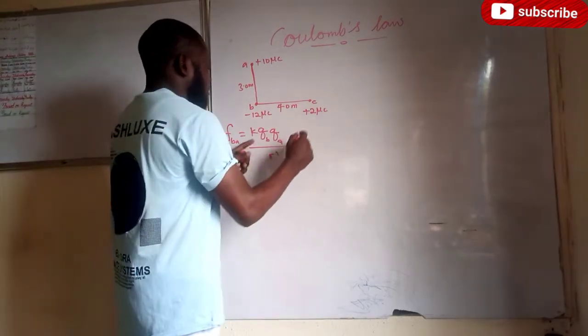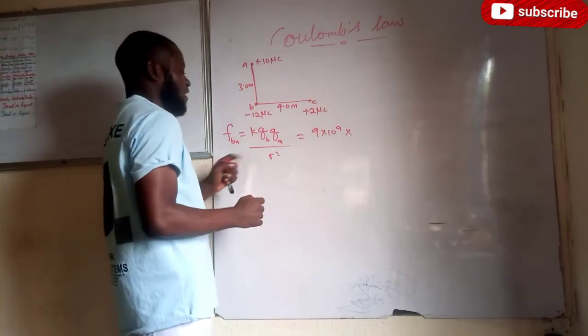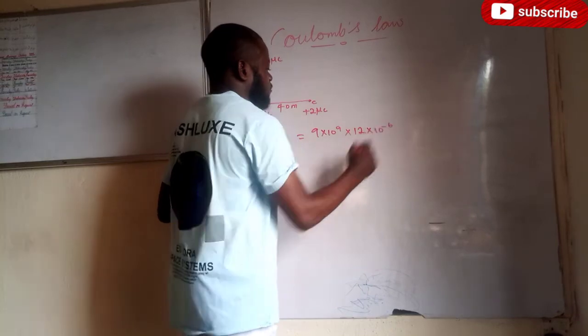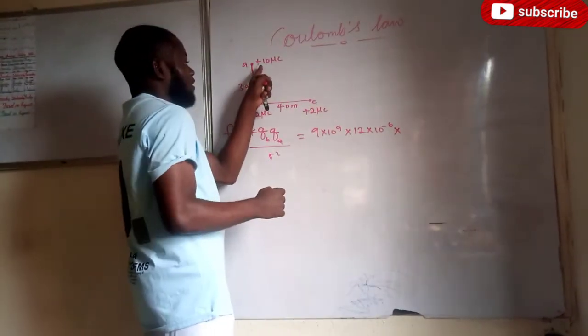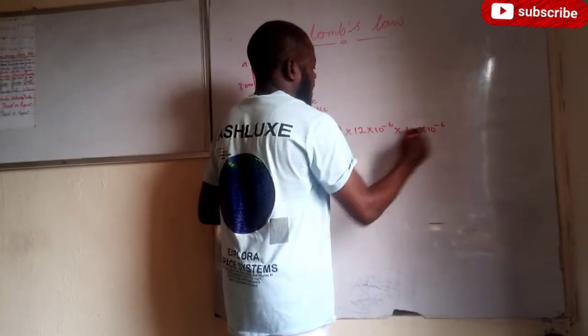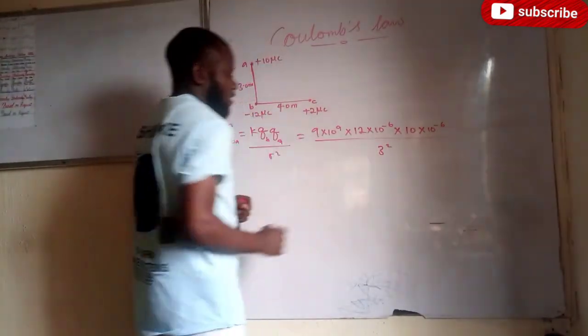So this will in turn give us 9 times 10 to the power of 9 multiplied by 12 microcoulomb is the same thing as saying 12 times 10 raised to the power minus 6 coulomb. Then multiplied by 10 microcoulomb is 10 times 10 to the power of minus 6 divided by the distance between them, and that is 3 squared.